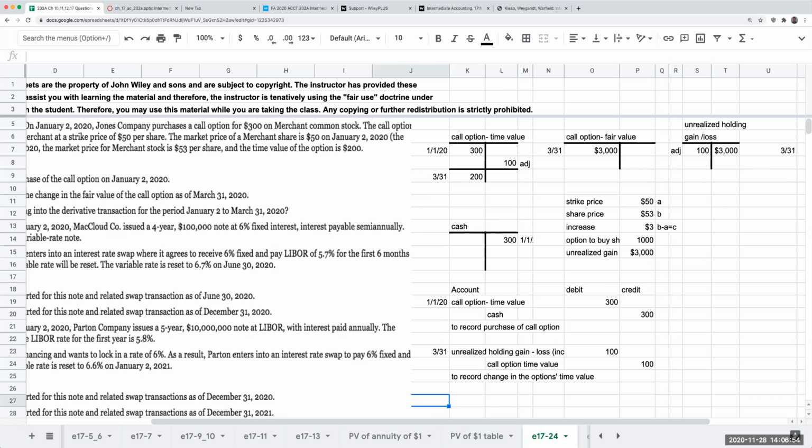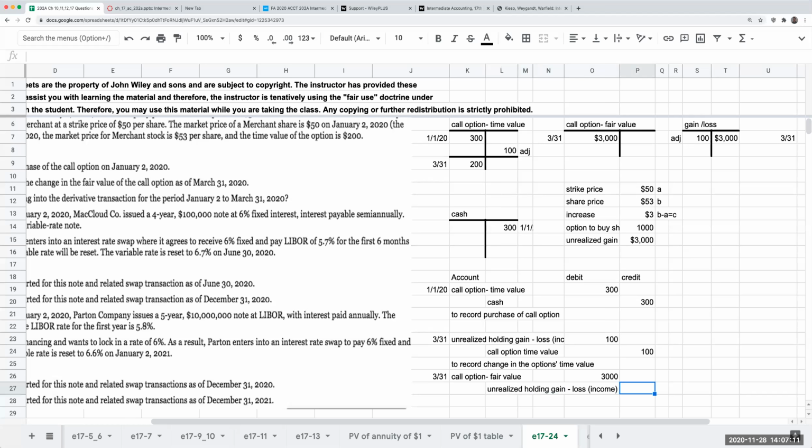And then over here on 3/31, I would debit call option fair value of 3,000. And then I would be crediting the unrealized holding gain or loss for 3,000.